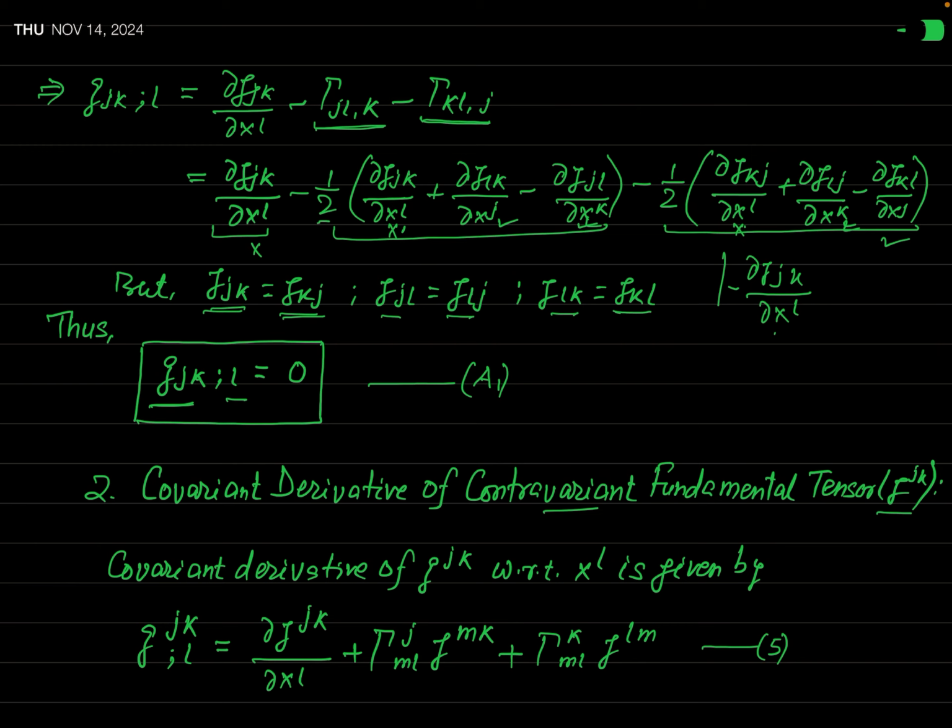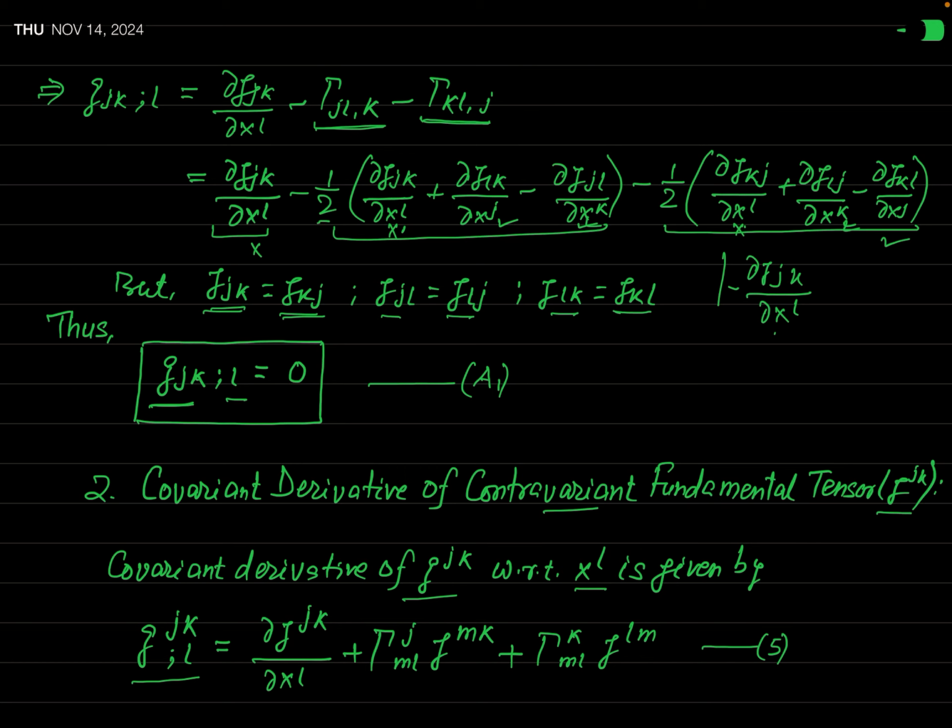For this, we will find the partial derivative of the fundamental tensor G jk with respect to x to the power L. And on the basis of the result obtained earlier, you can say that this will be G jk semicolon L. This is actually the covariant derivative of G jk with respect to L.